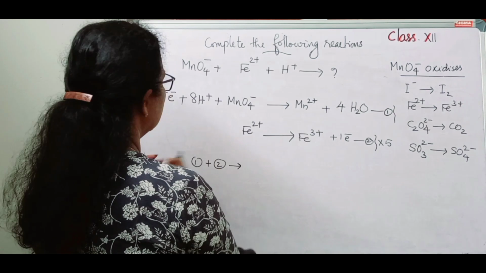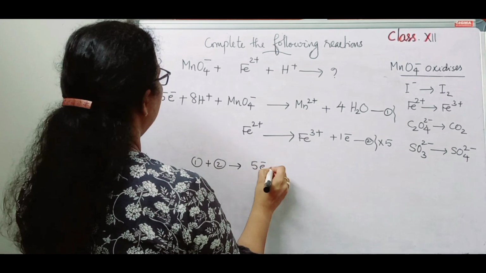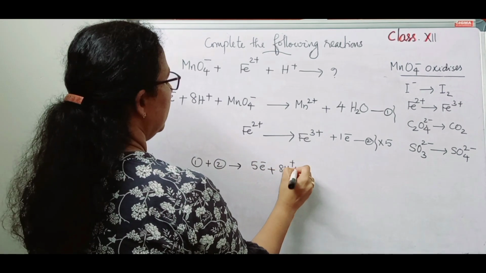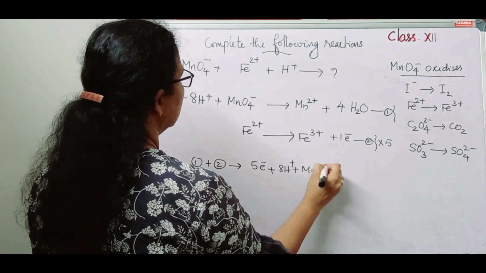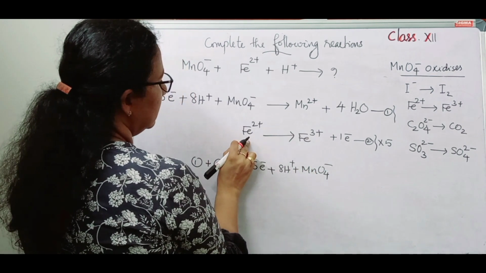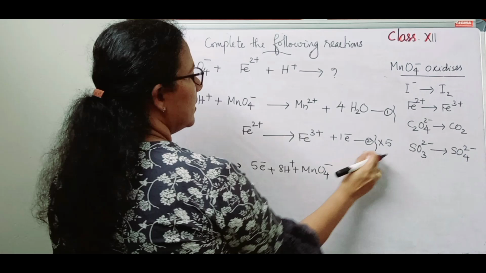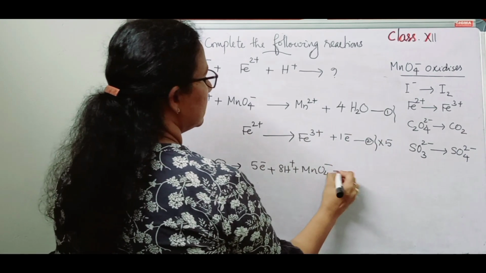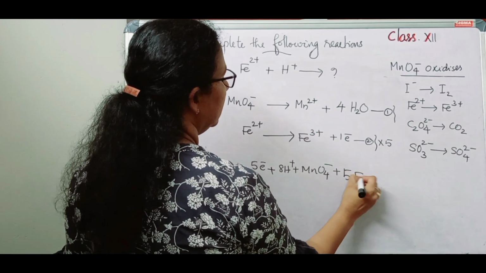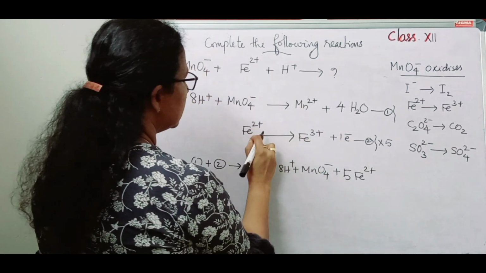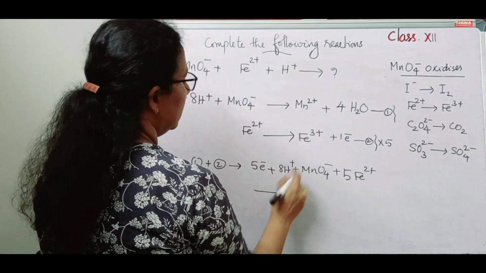Then the equation will be, not 10 electrons, it is 5 electrons plus 8H+ plus MnO4-, then the LHS of this equation, 5 into Fe2+, 5 Fe2+. So add all the LHS, then the RHS.